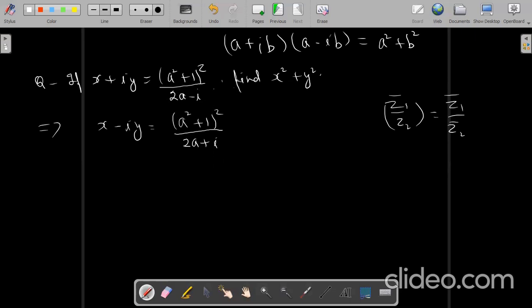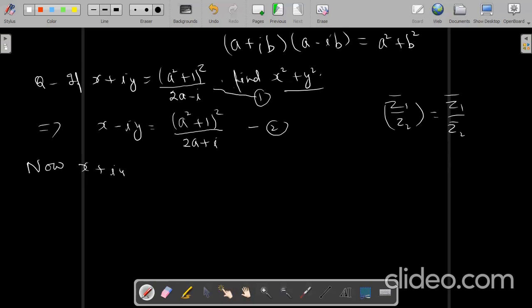So these two we got: this is the given equation, and this is our equation got from the conjugate. Okay, now we can multiply them. So now when you multiply, you are getting this result.